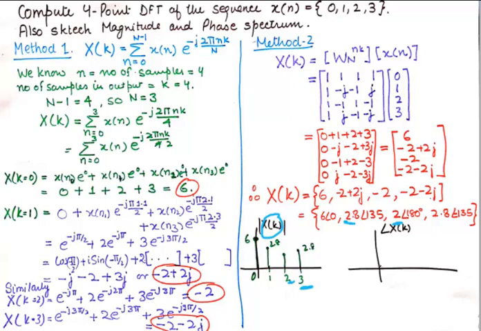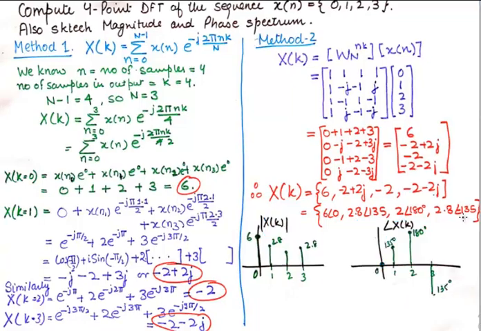And the angle at sample number 0 is 0, sample number 1 is 135, sample number 2 is 180, and minus 135 at sample number 3. So that is how you plot the magnitude and phase plots.